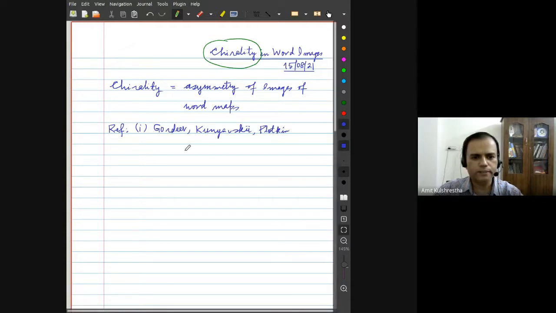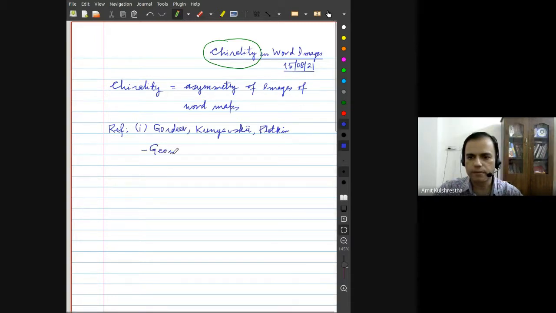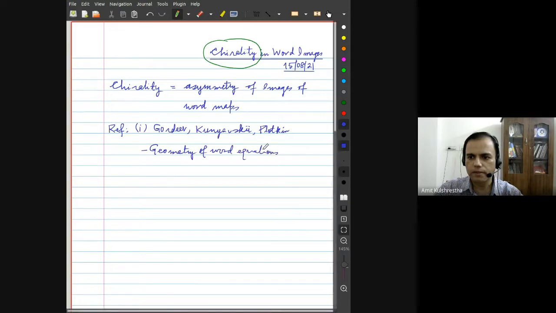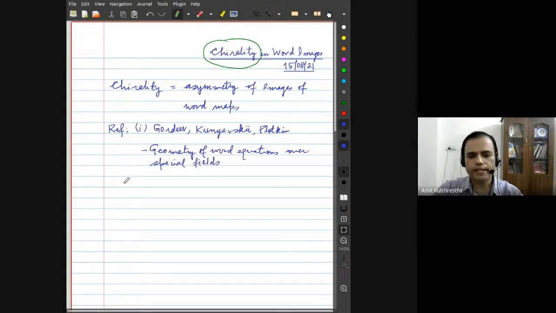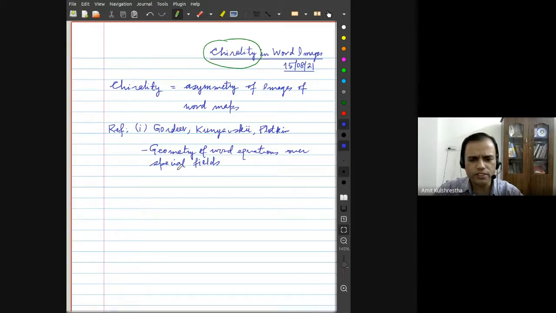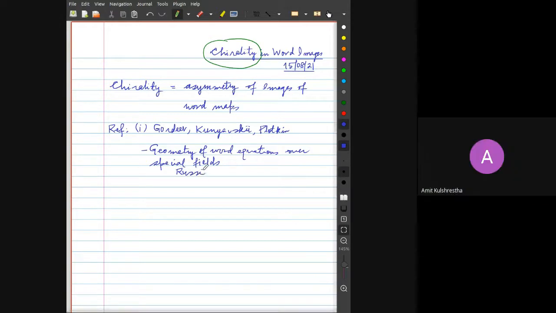And it's called Geometry of Word Equations Over Special Fields. It's quite extensive survey. And this was originally written in Russian, but English version is available in Russian Mathematical Surveys.